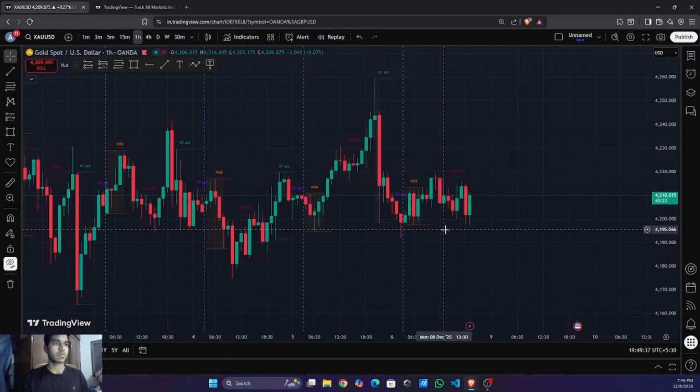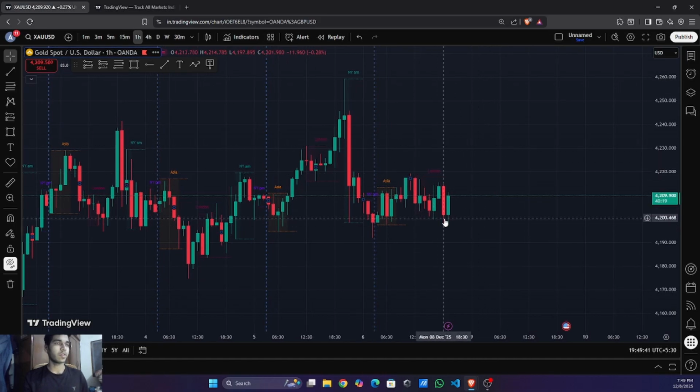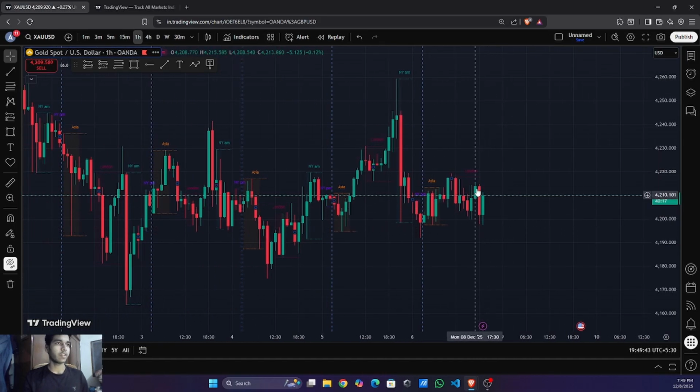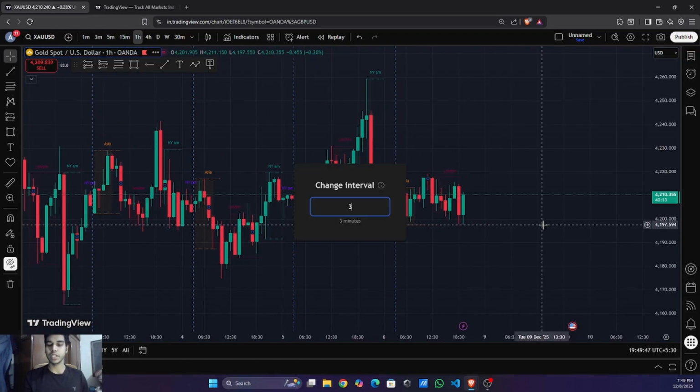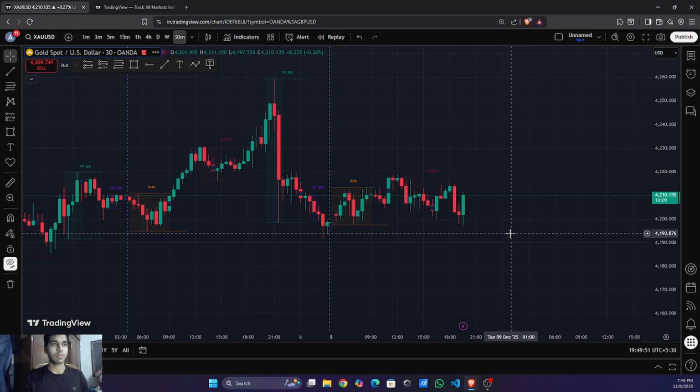So 4 hour it is in a range. 1 hour it is in the range. I expect it to continue for the downside, but the current trend is holding for the upside. And the candle is also strong.